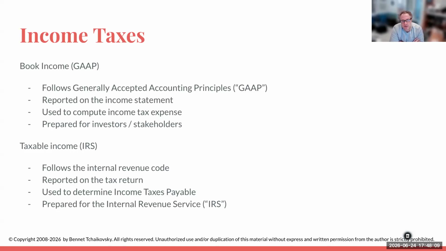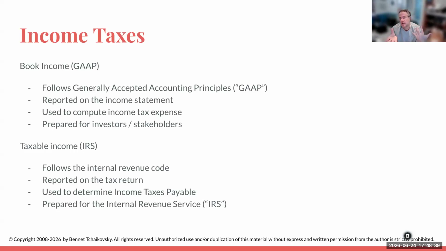But we're going to go through and use GAAP to compute income tax expense. You're going to see it on the income statement, and you're also going to see a lot of disclosures relating to income taxes throughout the financial statements. For the Internal Revenue Service, obviously they want to encourage certain types of behaviors, like, for example, allowing you to deduct equipment immediately upon purchase.